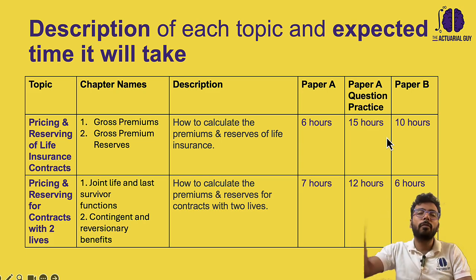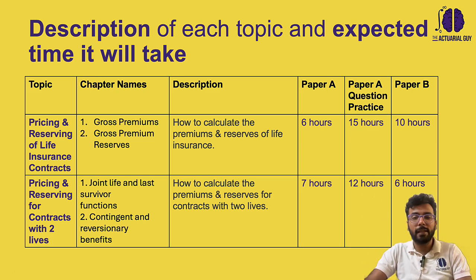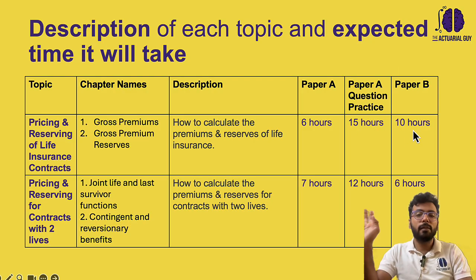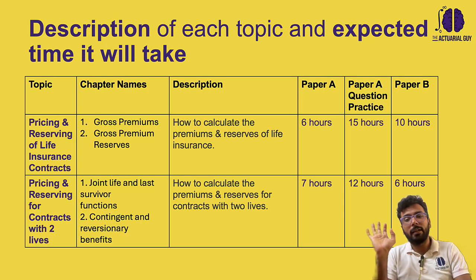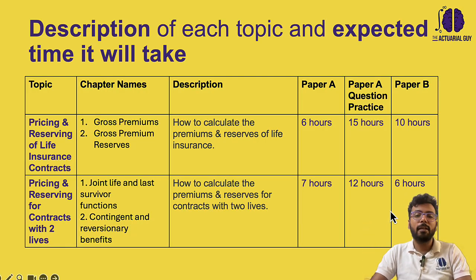There are a lot of questions from this unit in the past exam, and it takes a good effort to understand as well. Give 15 hours to practicing this. And then give 10 hours to paper B, because this is asked a lot in paper B as well. So this unit you should really focus on, and give about 30 hours to do it really well.